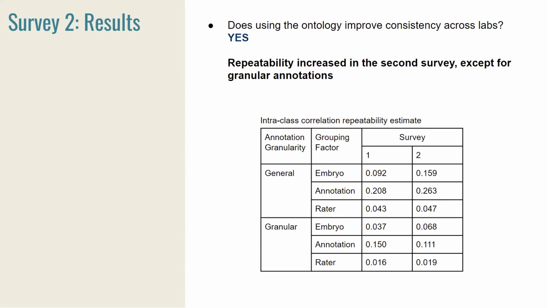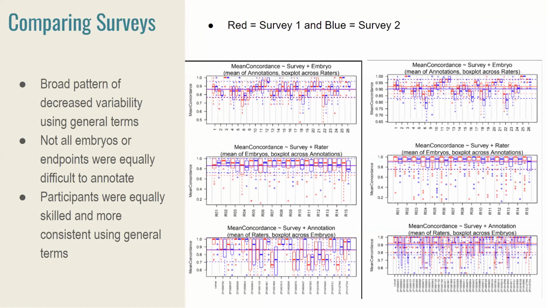And I'll go into more about why I think that's true in a minute, but I think it has a lot to do with overloaded terms. But the analysis looking only at general terms did improve in consistency a little bit. But as I will say, this study was preliminary. We did have a small number of annotators.